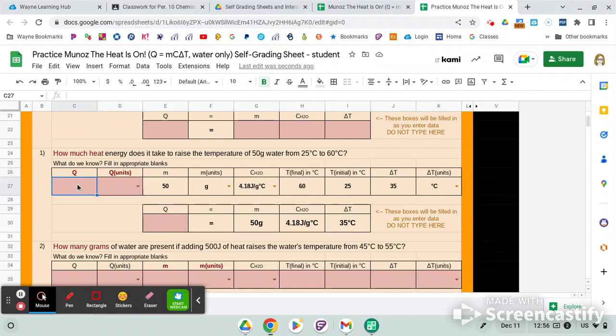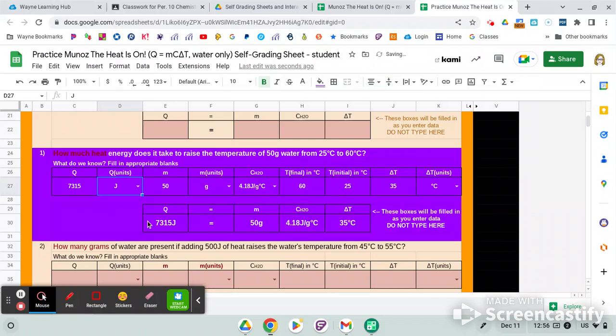Again, I'm going to type it up here, not in this row right here, and I'm going to choose my unit to be my heat unit, joules, and then it types it right here for me rather than me adding it there.